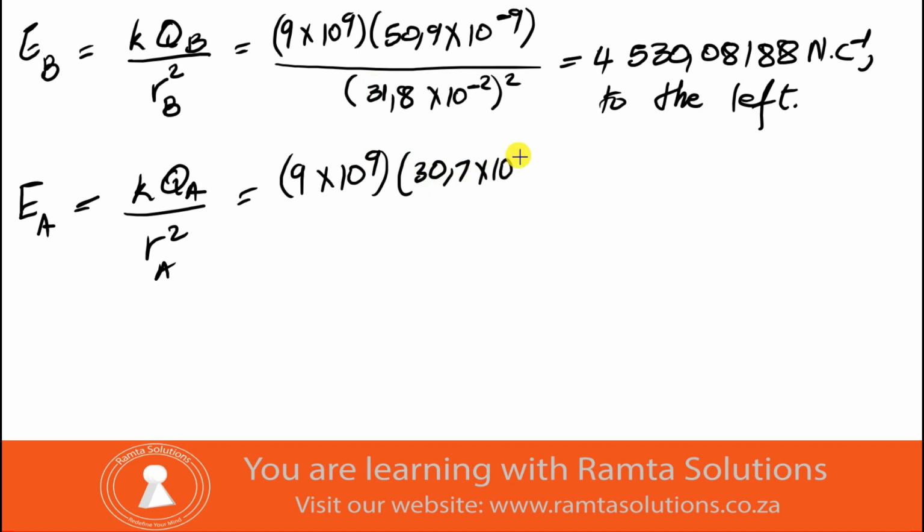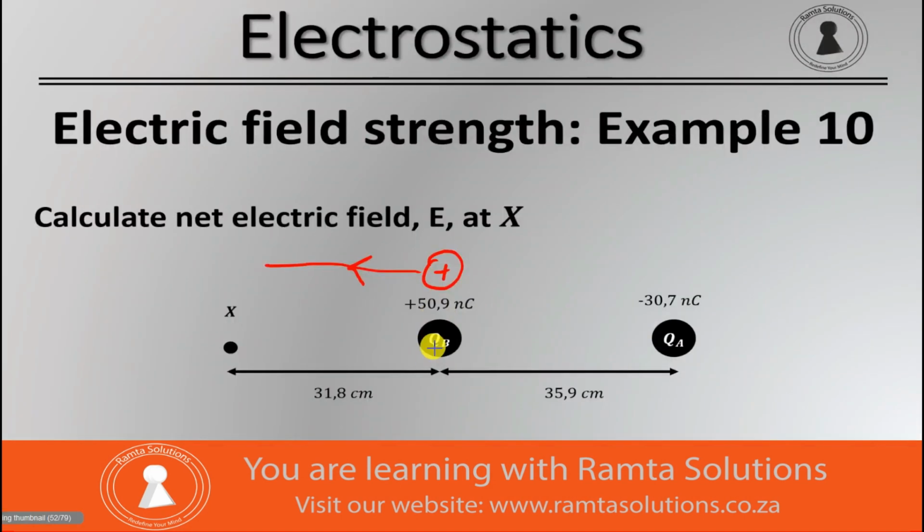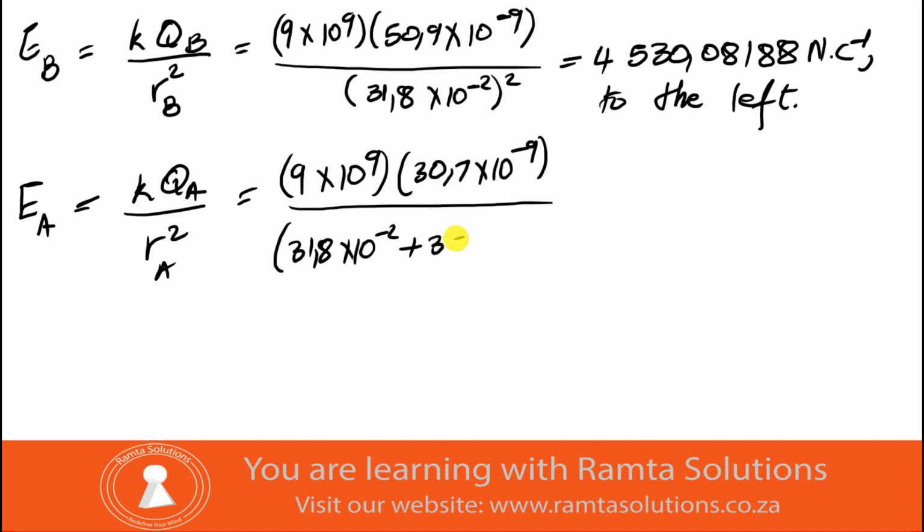What was the distance? It was 31.8 times 10 to the minus 2 plus, what was the other one, 35.9 times 10 to the minus 2, squared.